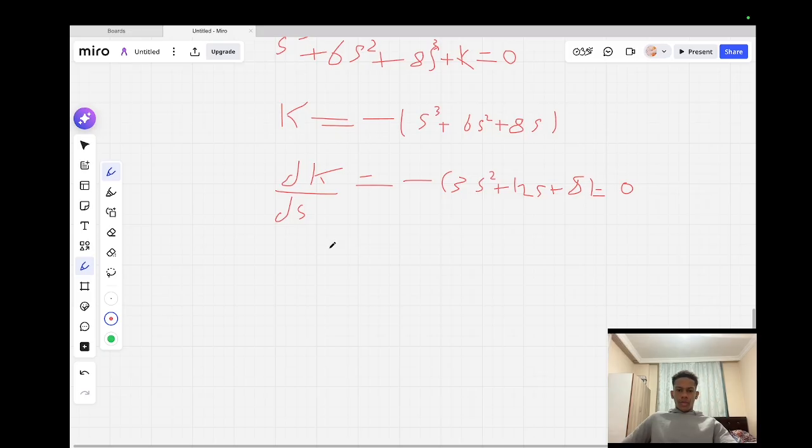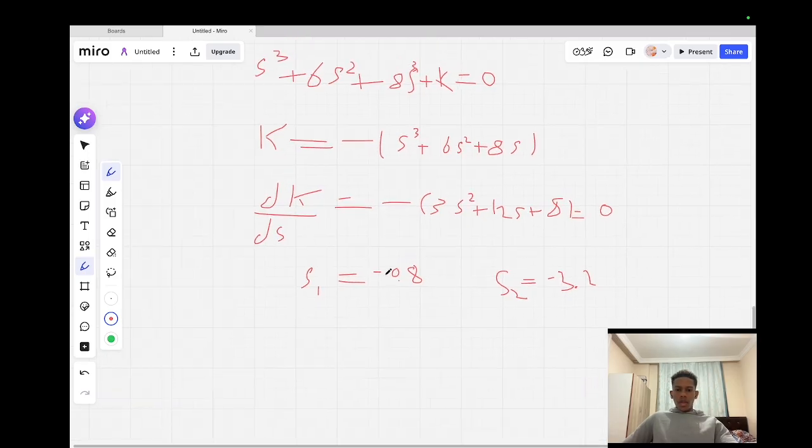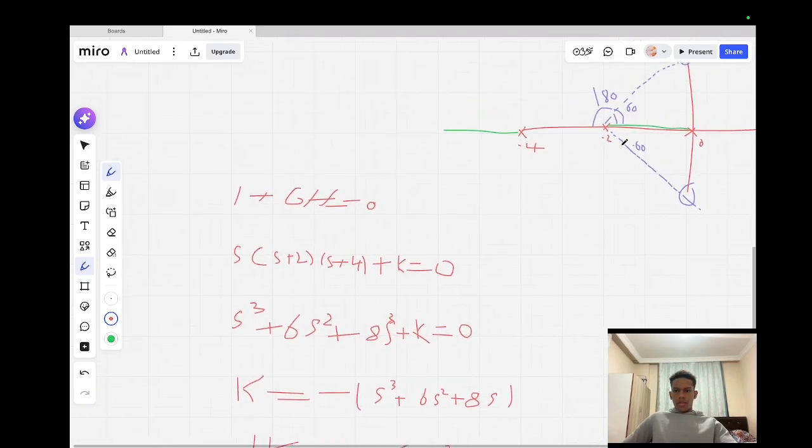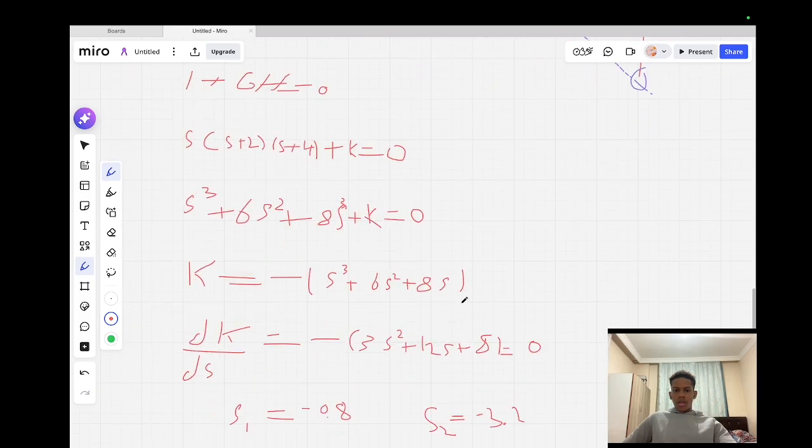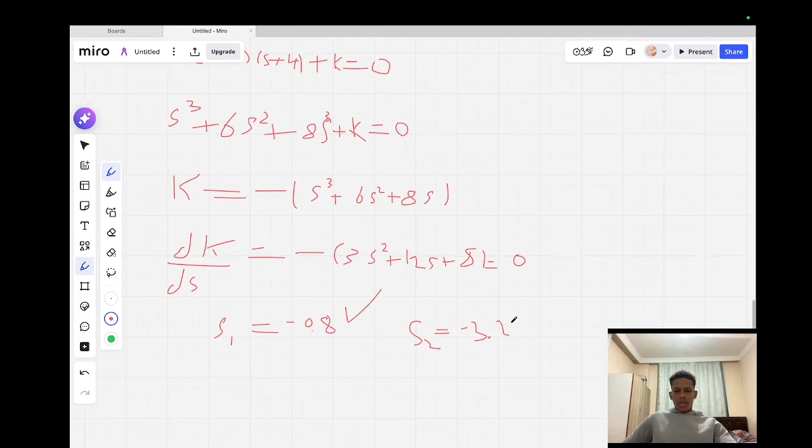So we have two roots here. s1 equals minus 0.8 and s2 equals minus 3.2. So minus 0.8 is located here, so it is valid, but 3.2 we ignore it.